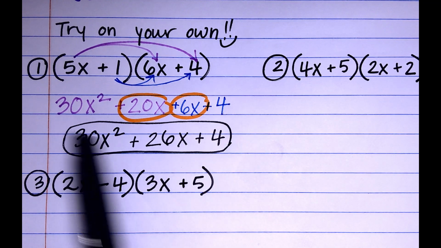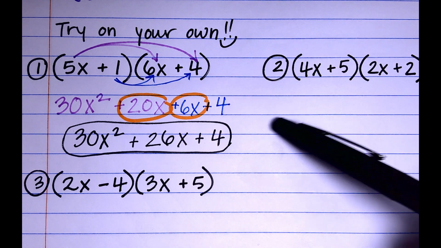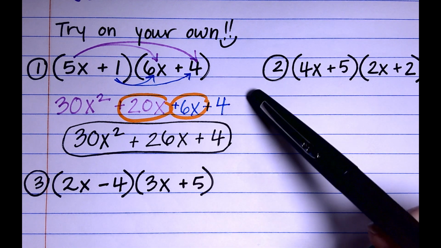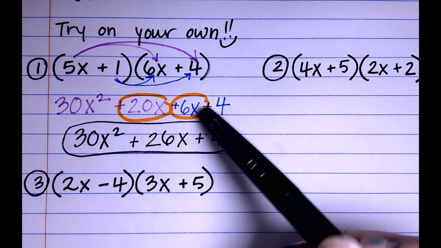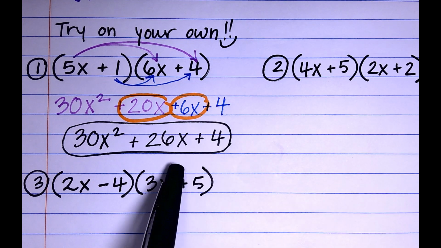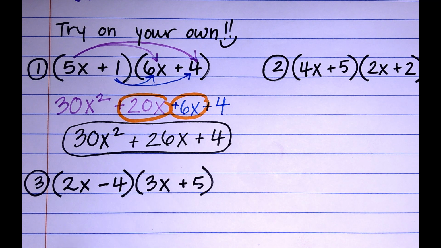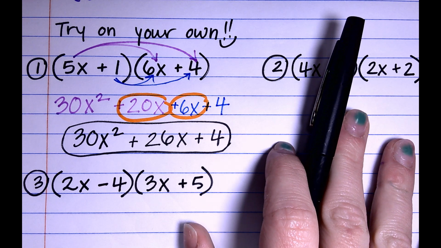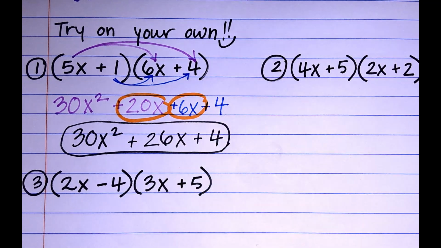Well, as long as you got that first part, you're doing the process. You're getting the correct numbers. That is good. Once you have those 4 terms, the only thing you need to do next is combine the 2 middle ones, 20x and 6x, which turn into 26x. I wonder where the equal came from.